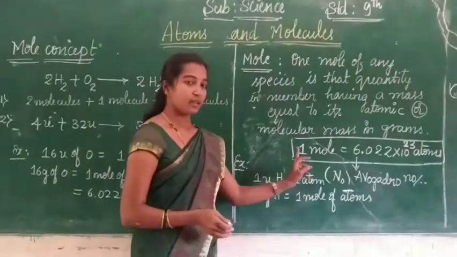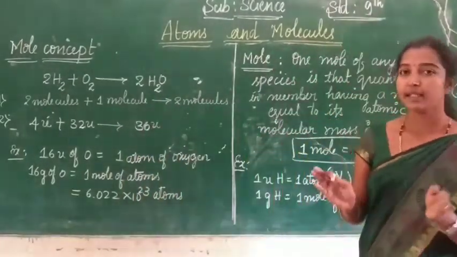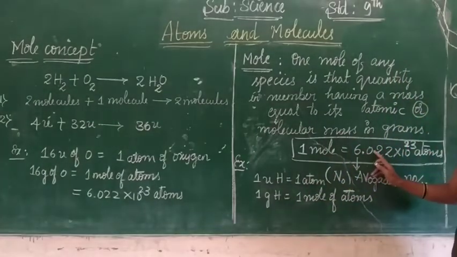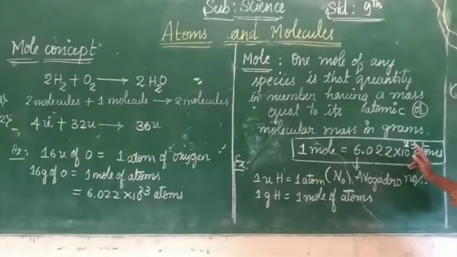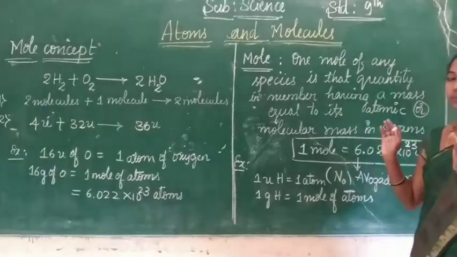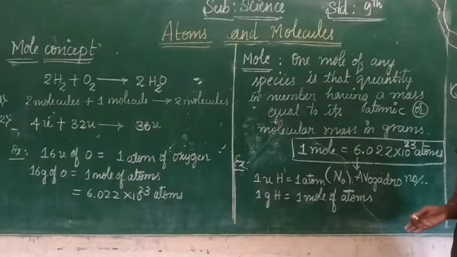Look here, 1 mole of any species contains 6.022 into 10 to the power of 23 particles. And I told you already, 1 mole is always equal to its relative atomic mass.